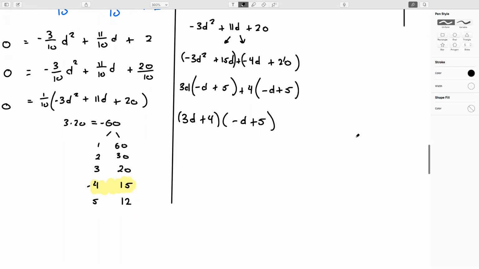So we can write this whole equation, sort of starting over at this point, in factored form. We can say 1 over 10, because it is still part of our answer, 1 over 10 times 3d plus 4 times negative d plus 5 equals 0. And now I know these brackets have to equal 0.